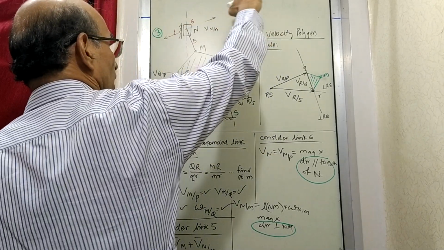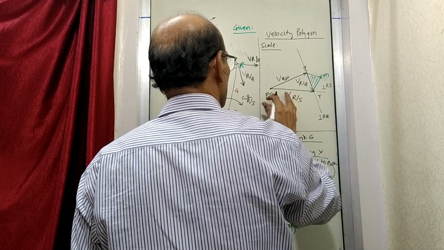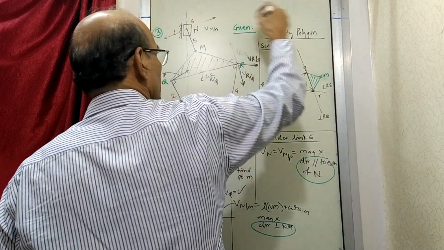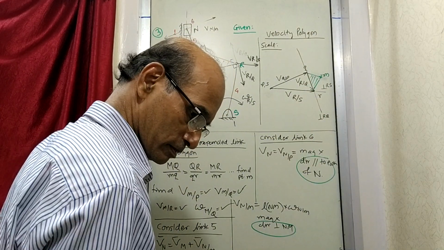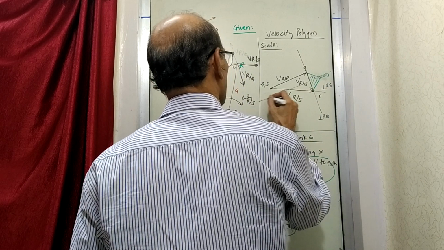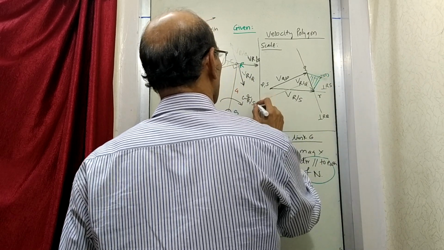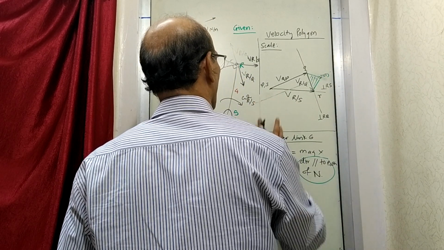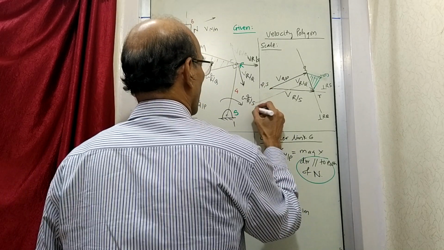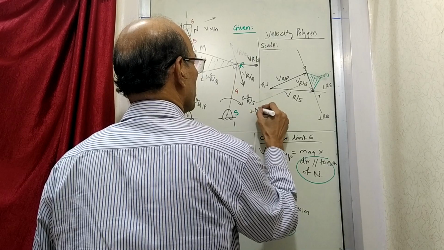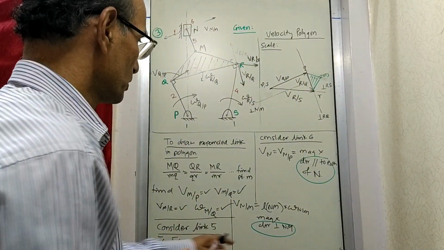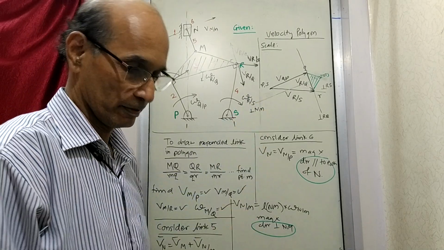So I'll draw a line like this from M. This line is drawn perpendicular to NM, on which point N is going to lie.